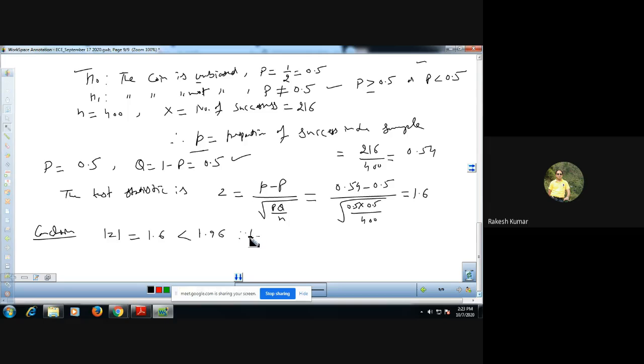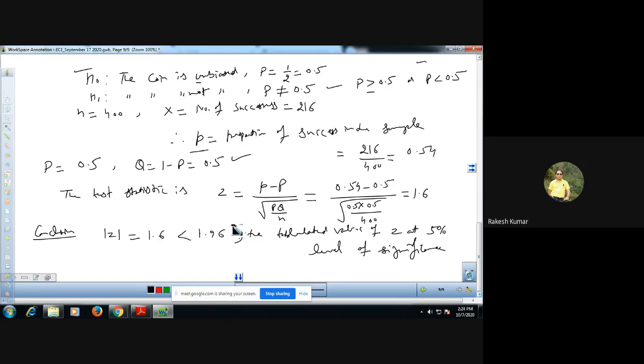This is the table value, the tabulated value of z at a 5% level of significance. You have to use that value.